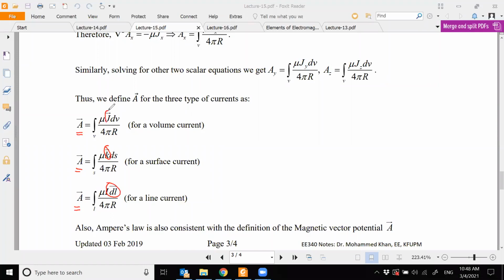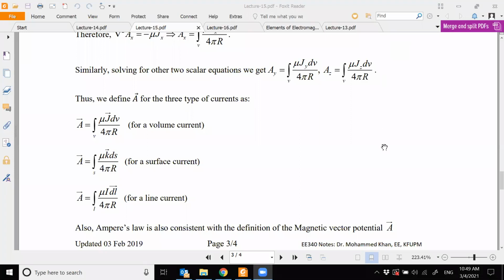If you see the left hand side and right hand side, the direction of your magnetic vector potential will always be the direction of your current density, or the surface current, or the line current. So this is what the magnetic vector potential is.